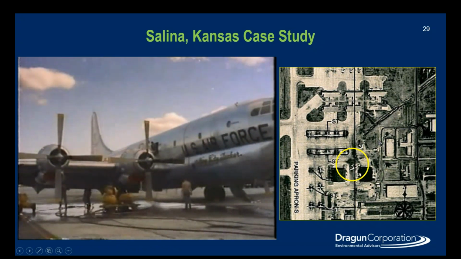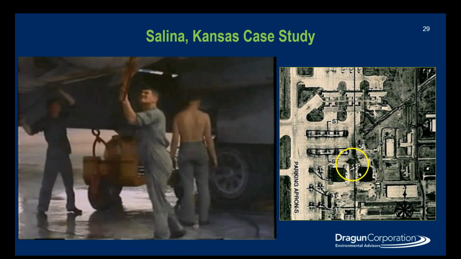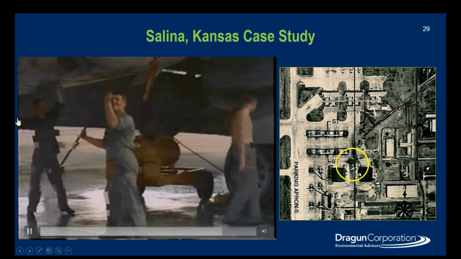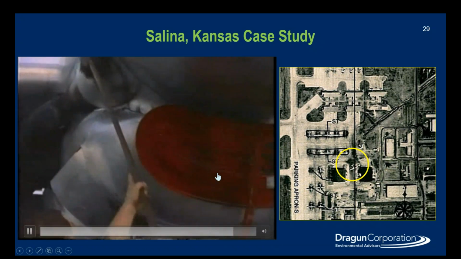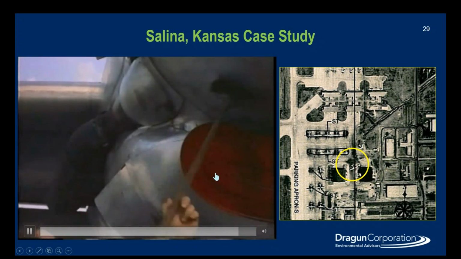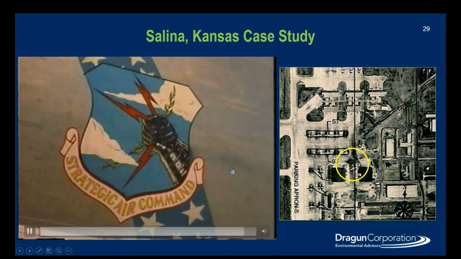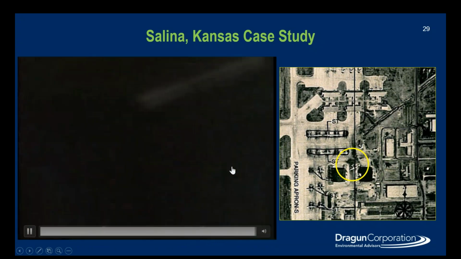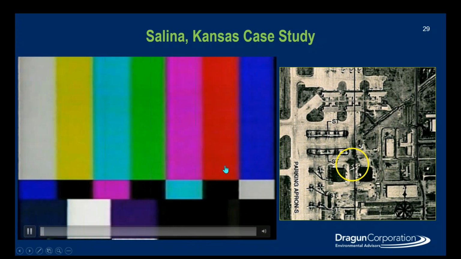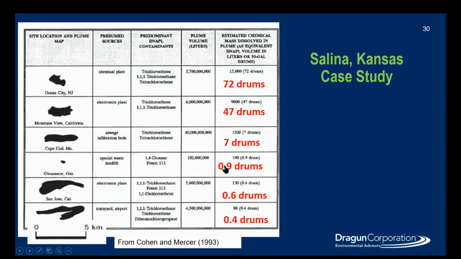And Salina, Kansas, their water supply is from groundwater. Here we can see brushing with TCE to clean off the oil and grease from the planes on return from mission. And in a minute, we'll see them power washing. So it just went right into the ground and evaporated.